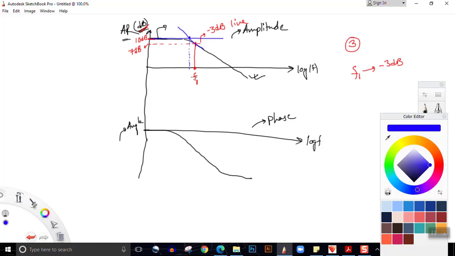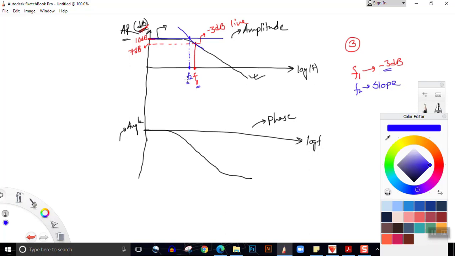So the frequency of this point, F2, is a break frequency, and the method is called slope method. So from the first method, minus 3 dB method, we find our break frequency as F1. From the second method, the slope method, we find break frequency as F2.